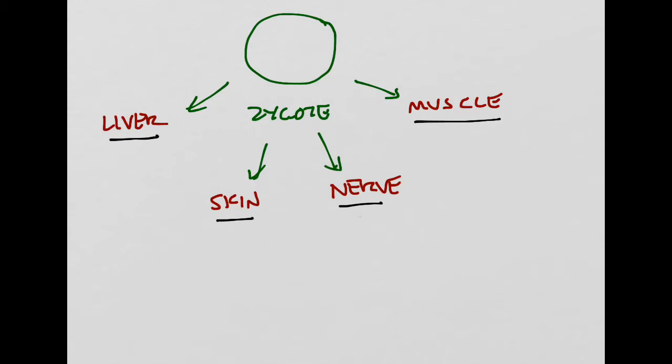They all have the exact same DNA. However, a liver cell is going to read portions of the DNA that are not read by a skin cell, and a nerve cell will read a different section, and a muscle cell will read a different section. So while every single cell has a complete set of instructions to be any type of cell, once a cell has committed itself, once it's become specialized, then it can only read that part of the book, so to speak.